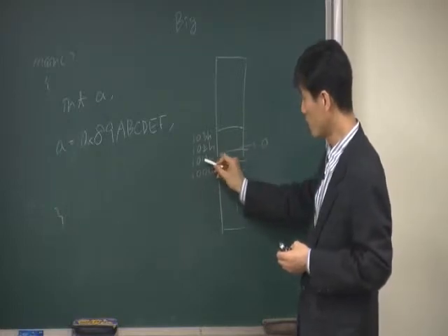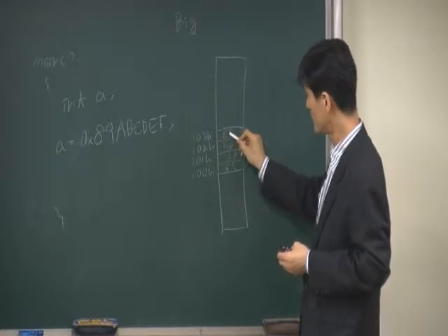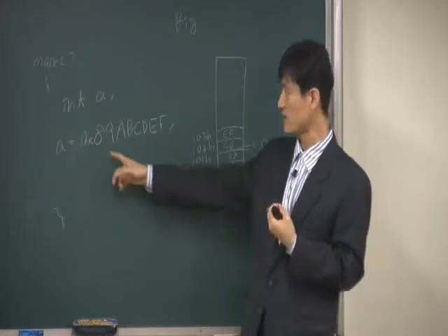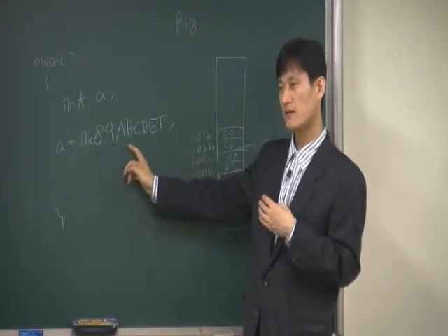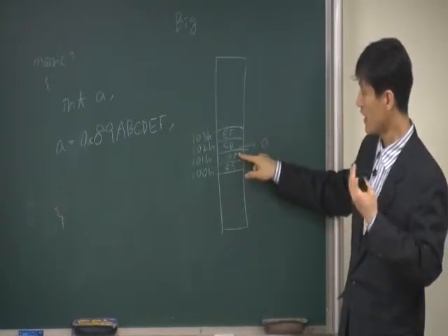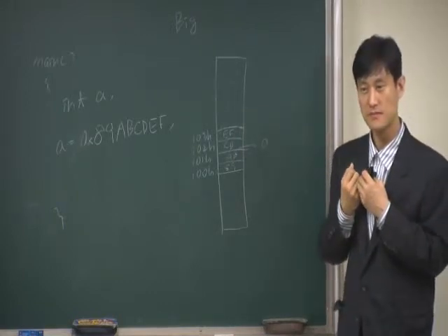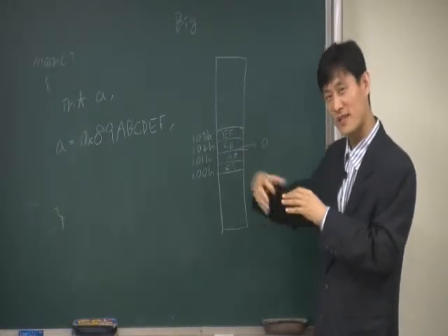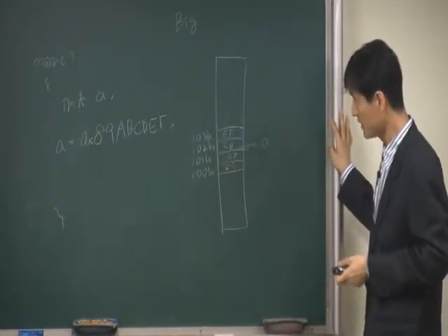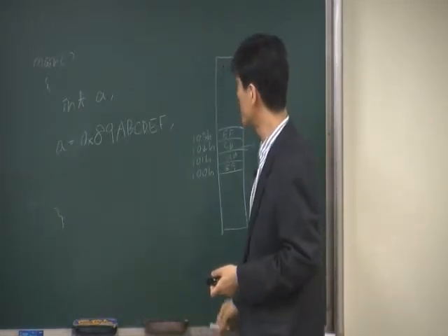The next address is 101, so that goes AB, CD, EF. That's big Endian. For us it's natural, because I read it as 89, AB, CD, EF, so in memory it's the same order. It's easier for us. I'm basically talking about what happens inside the memory, the hardware. So that's big Endian. But there's another one called little Endian.